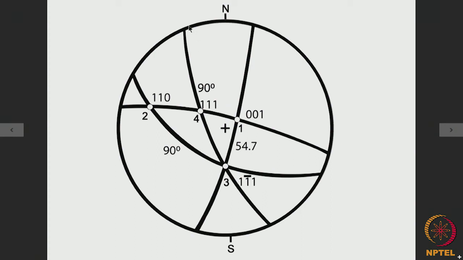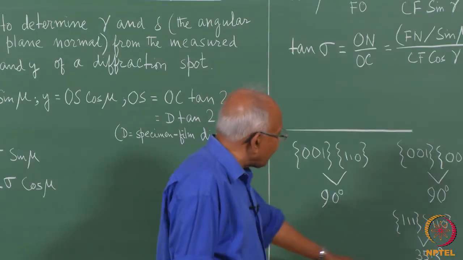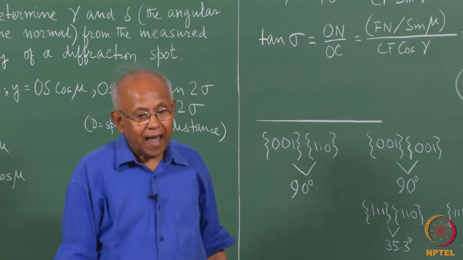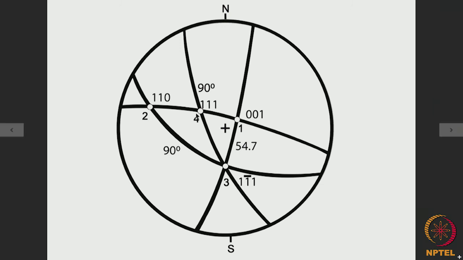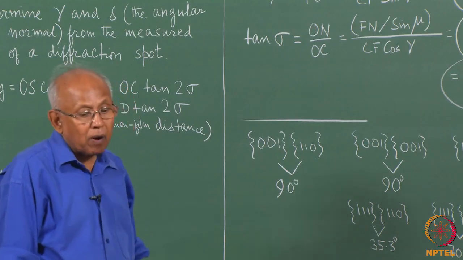we take one more longitude line which shows the locations of the poles of another particular zone passing through this. So, we measure the angle between this particular point 4 and 2, and we find that it measures 35.3 degree, and between 4 and 3 we find it is 70.5 degree.